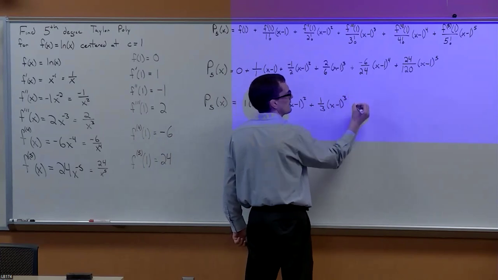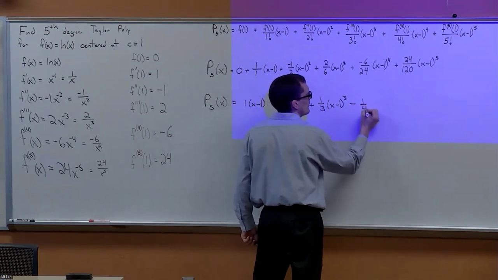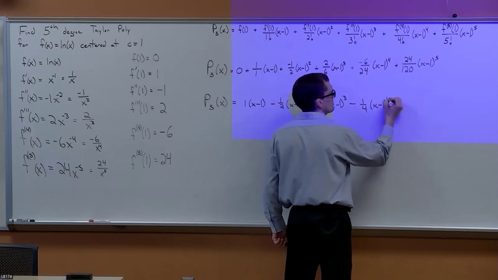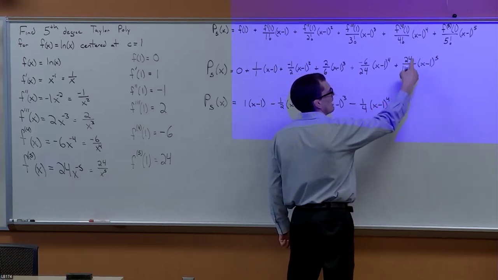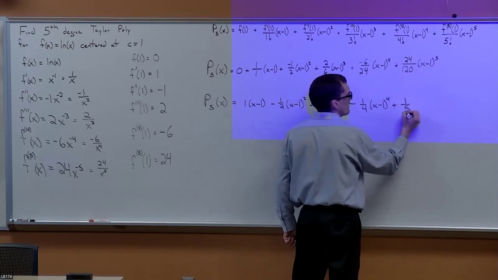Simplifying negative 6 over 24, I get a minus 1/4 times x minus 1 to the 4th. And 24 over 120 becomes a positive 1/5.